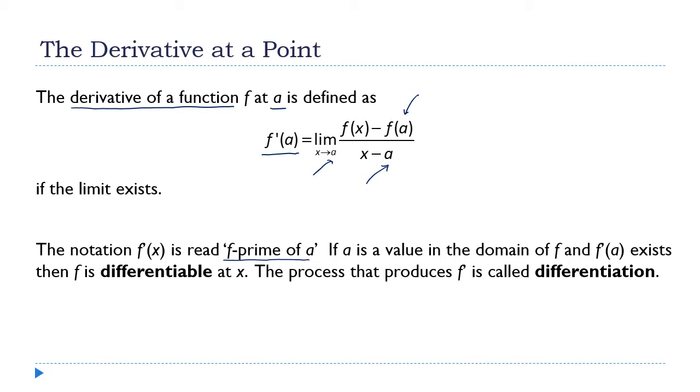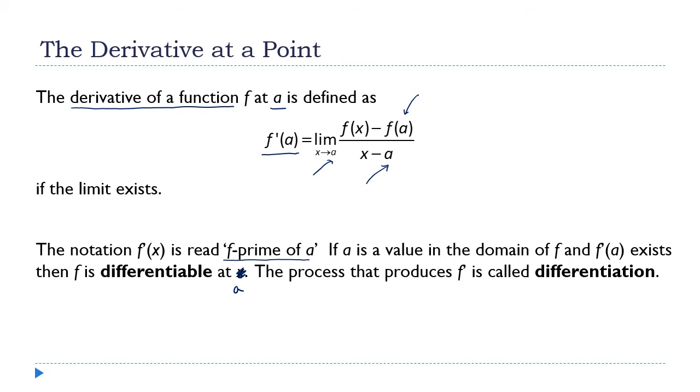And what this is saying is if a is a value in the domain of f, so we can't talk about the derivative at points where the function isn't defined, and f prime of a exists, specifically this limit exists, then we say that f is differentiable at a. And the process of actually doing the calculations is called differentiation. Okay, so this is going to be our definition. This is a key definition. We're going to be working with this a lot throughout the rest of this chapter.